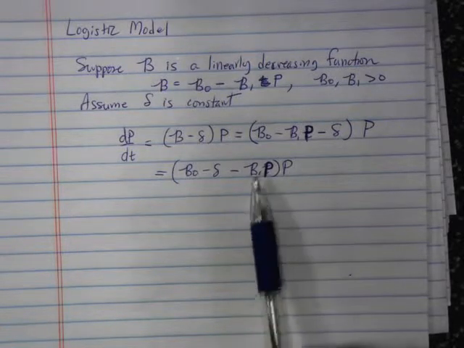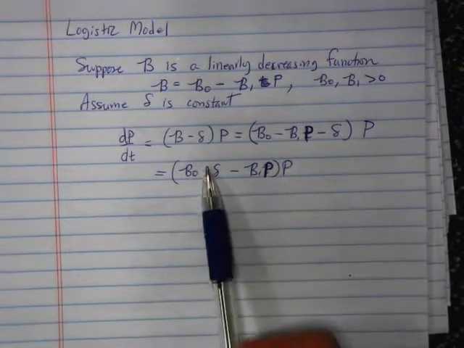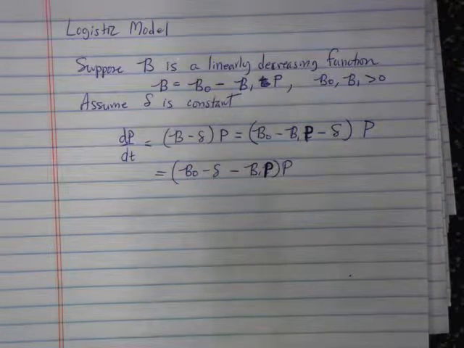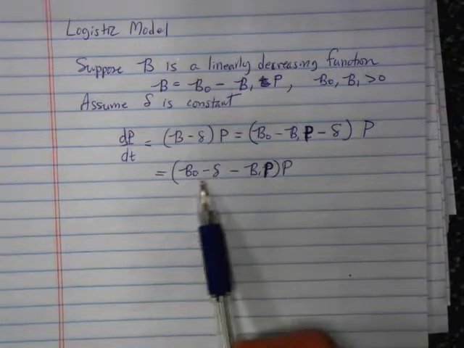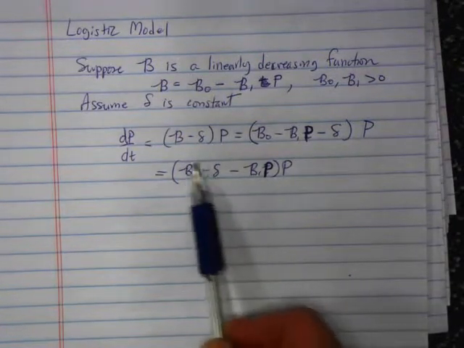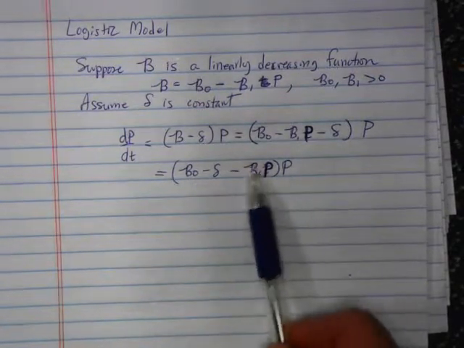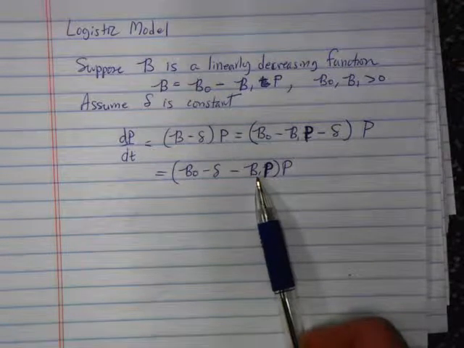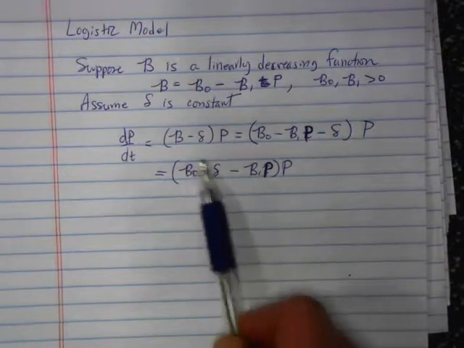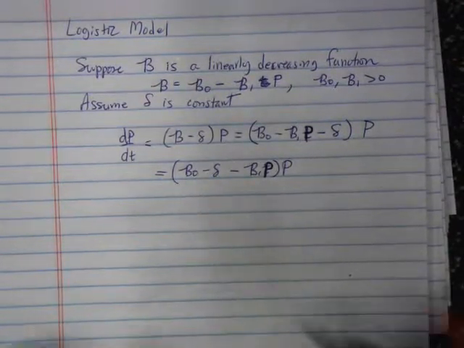Why did I switch the order of those two? Because of the decreasing population? Yes, but more what I was looking for is that these two things are just constants, just numbers, and this one is being multiplied by a P. So these two are a constant, so I'm just going to give them another name. Pick a name I like a lot.